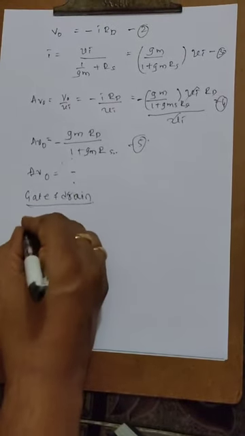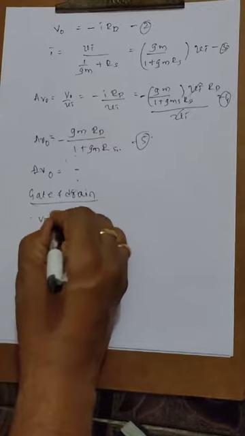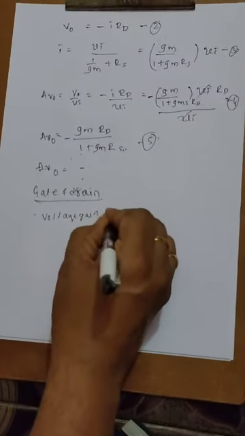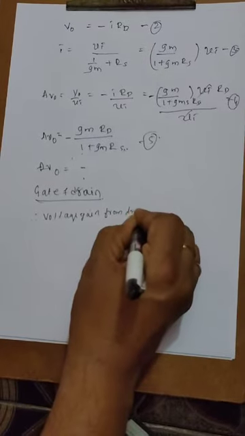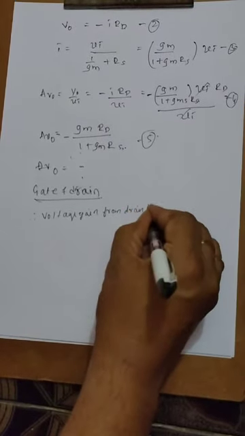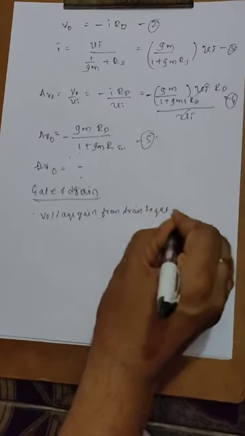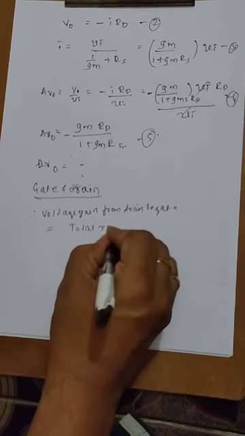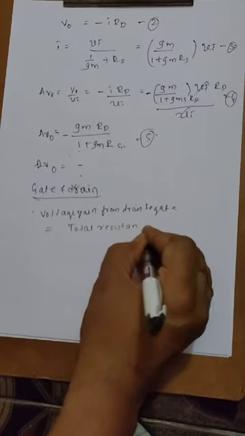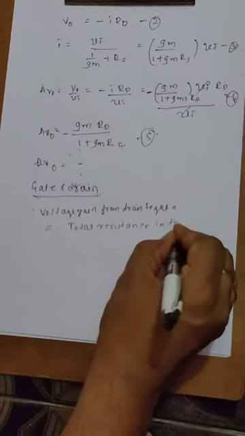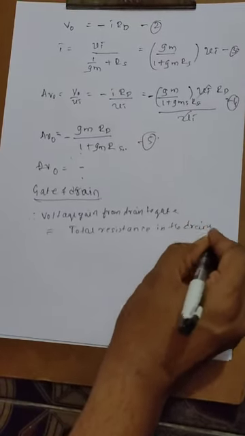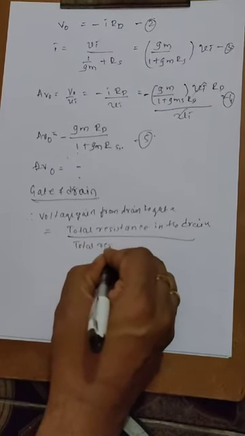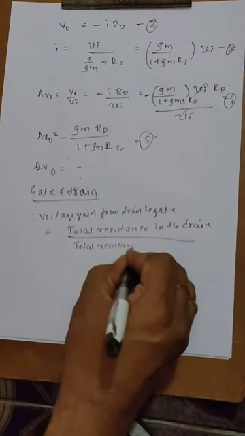Therefore the voltage gain from gate to drain can be written as the total resistance in the drain to the total resistance in the source.